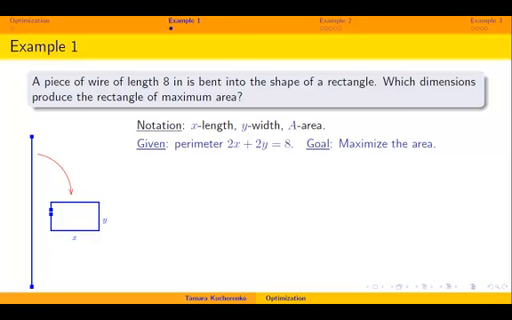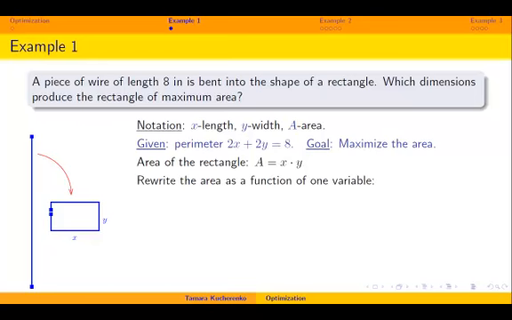Our goal is to maximize the area. The area of a rectangle is length times width, so A equals x times y. Since A depends on two variables, x and y, we cannot find the maximum until we rewrite the area as a function of one variable.